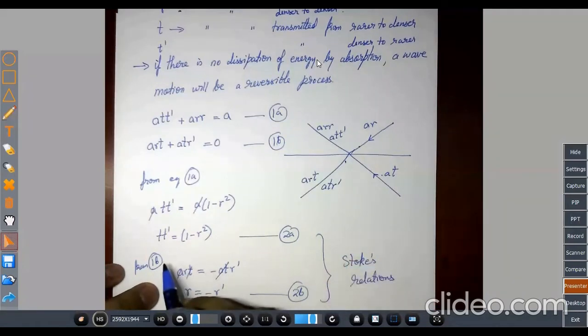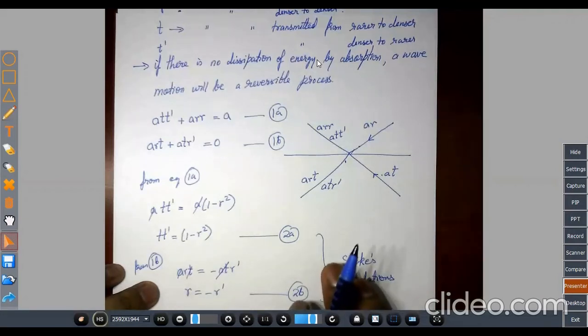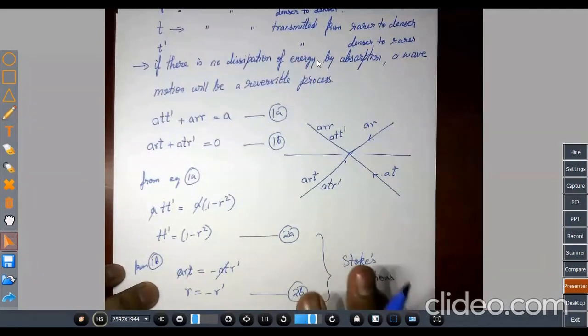You can notice that if intensity is proportional to the square of the amplitude, then that condition is valid only in one medium. If there are two mediums, then this kind of term will come and the intensity will not be proportional to the square of the amplitude. Rather, it will be a multiplication of two different amplitudes.